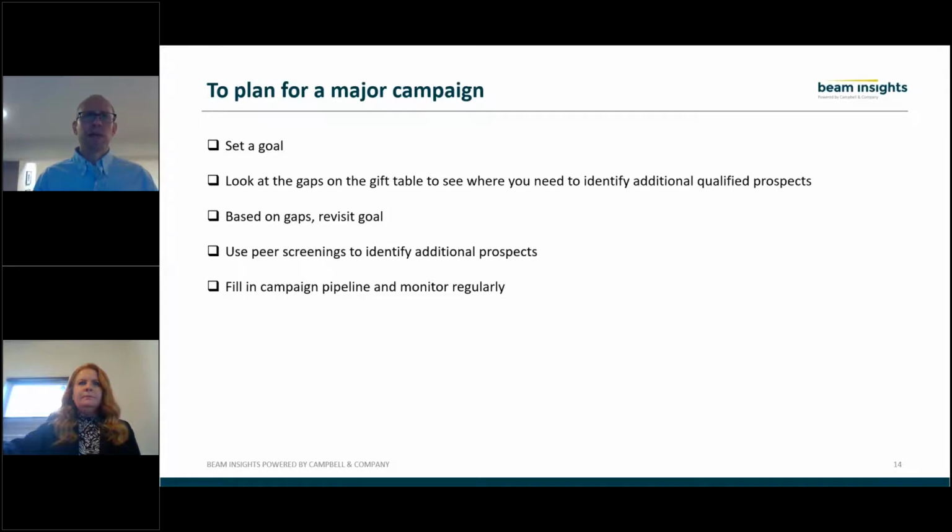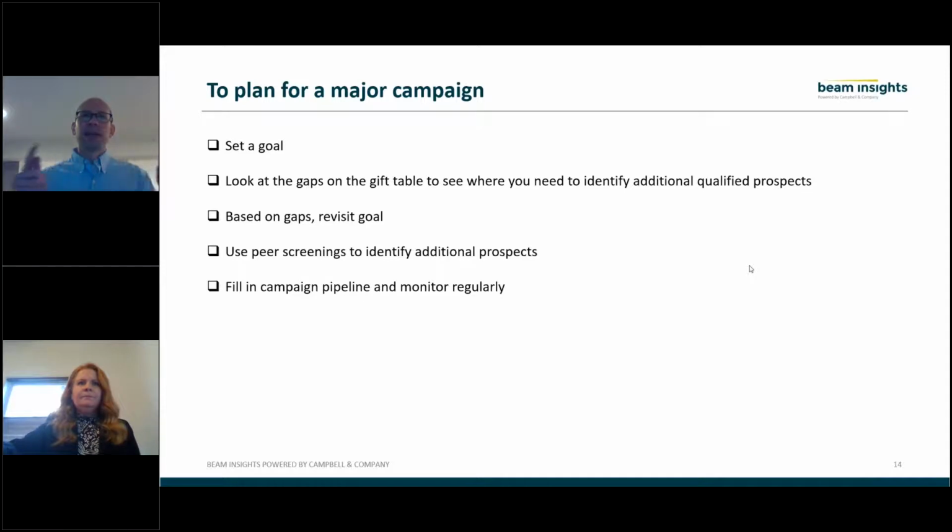I find that when we have conversations with our clients, organizations across the country of all shapes and sizes, most chief development officers have a gut level instinct of what might be achievable for their organization over a multi-year period. That's somewhat based on what they know is the quantified capability of their constituent base.